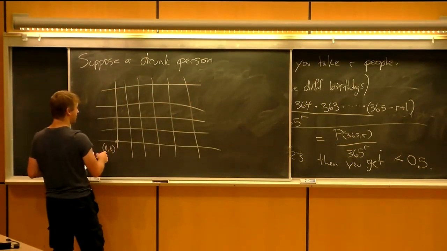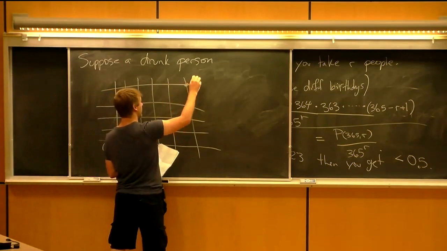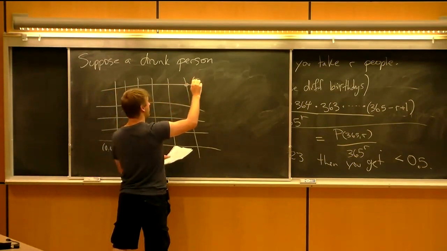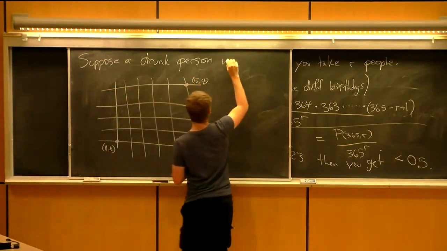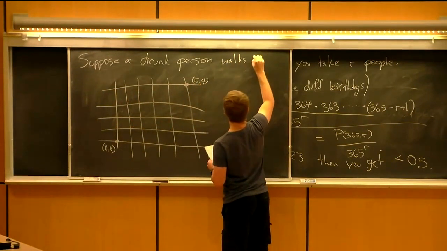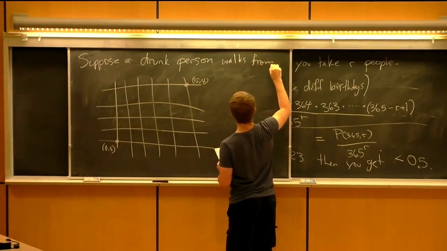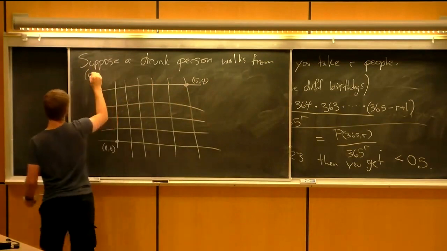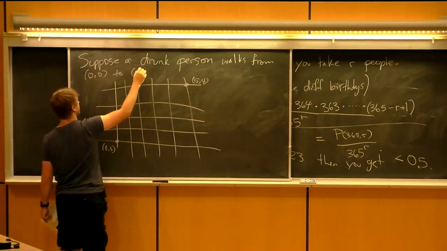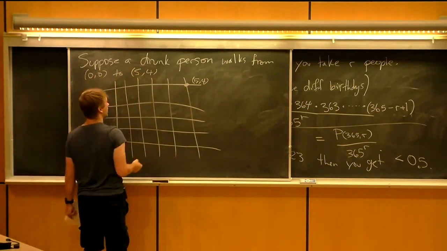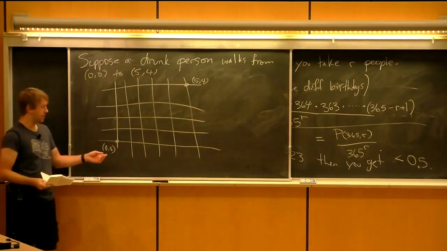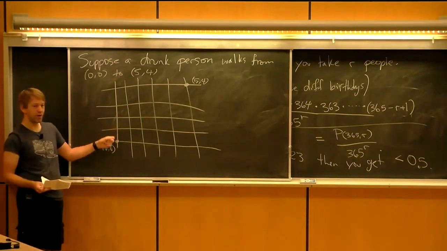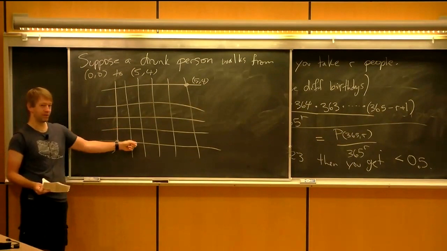The drunk person is going to walk from 0, 0 to 5, 4. But every time it takes a step, it either walks 1 unit up, or 1 unit to the right.